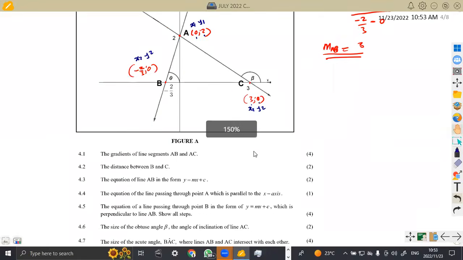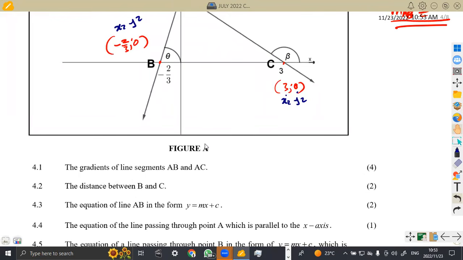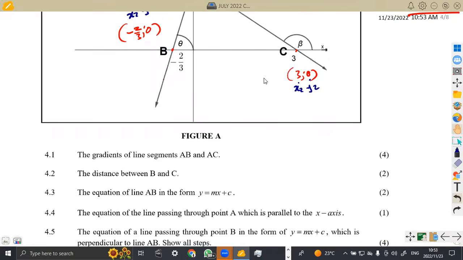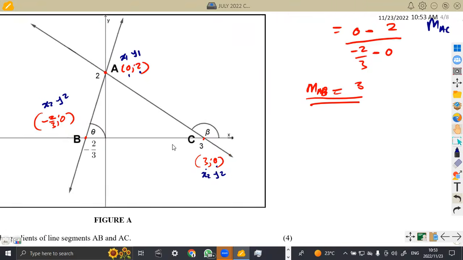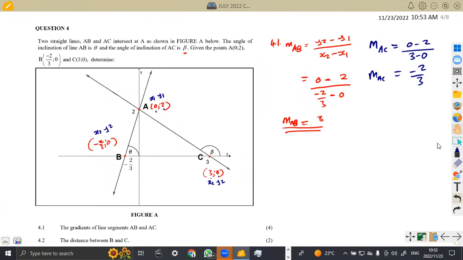All right, let's see the other part of the question, that is the distance between B and C on 4.2. Yes, we can use the distance formula, but this one we can just subtract.